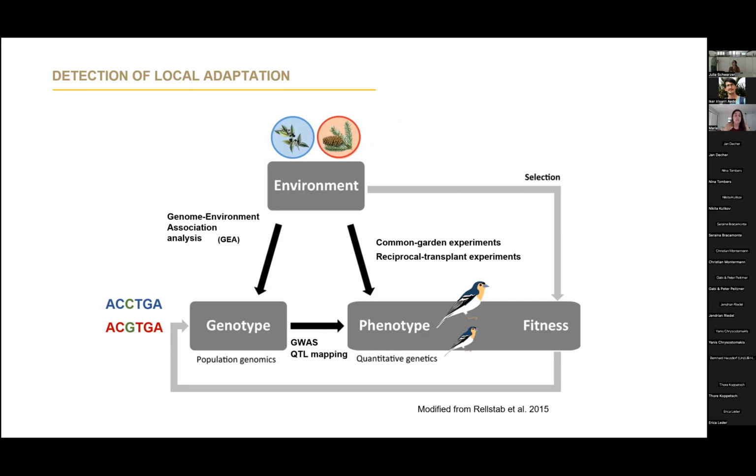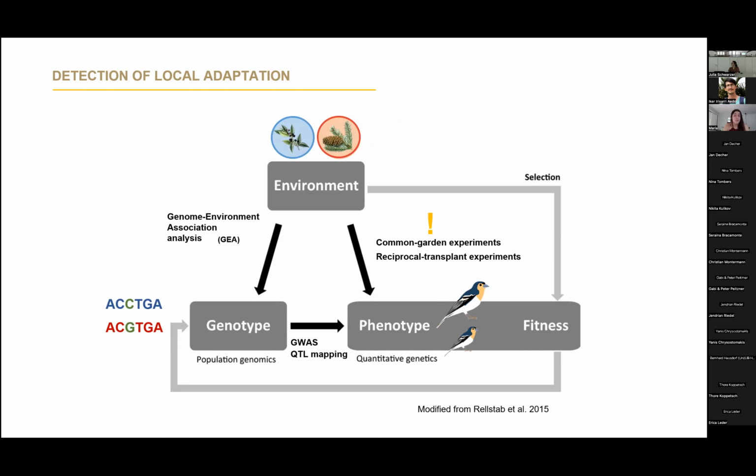For instance, we have genome-environment association analysis between the environment and the genotype, genome-wide association studies and QTL mapping between the genotype and the phenotype, and common garden and reciprocal transplant experiments to find the relationship between the environment and the phenotype. However, these last 2 experiments are difficult to perform, especially in non-model organisms.